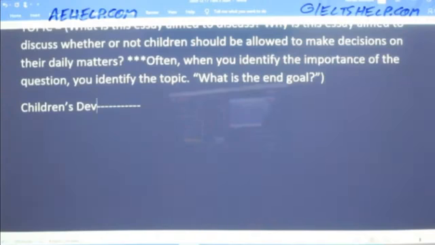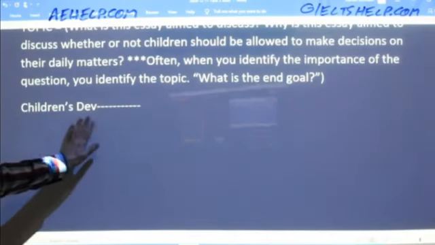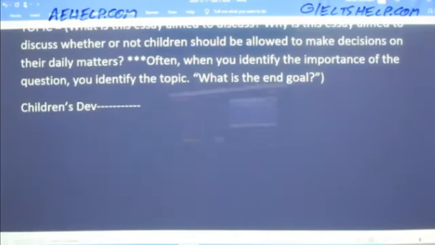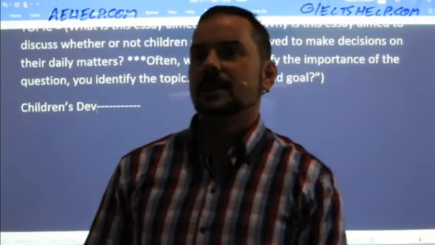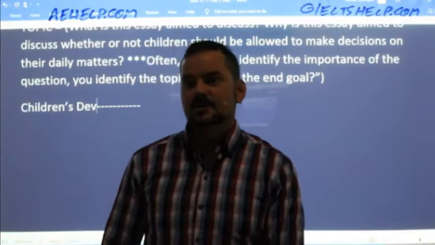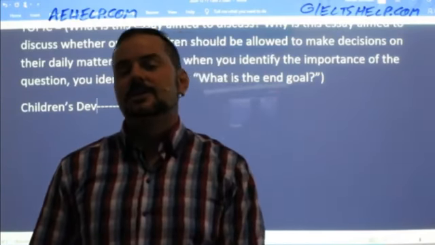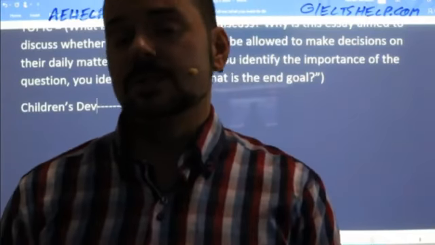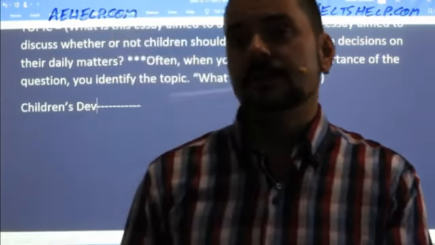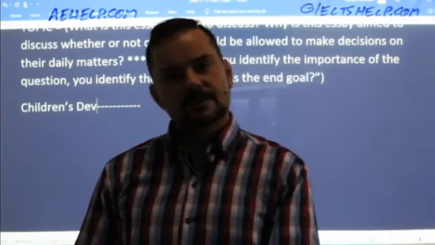I was holding off on that third letter, hoping that it would come to mind. But anyway, giving you a little bit more here. That's right, Dobbs. Yeah, it's children's development, right? That's what we're talking about here. So we're talking about children's development, whether it's good to let them make their own decisions. Is that going to have a good effect on their development or not? Does everybody see that now?